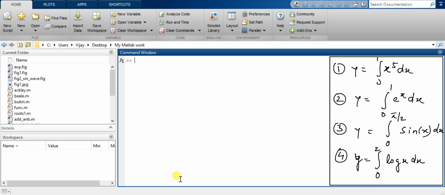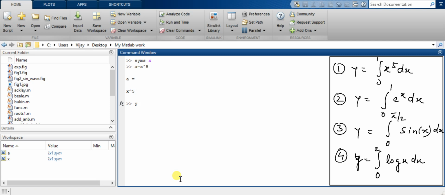So let's try to solve first example in which we have to integrate x to the power 5 from 0 to 1. Let's define syms x as a symbolic object. Now we have to define x to the power 5 as an expression, a equal to x to the power 5, and now we have to compute the integration of this.